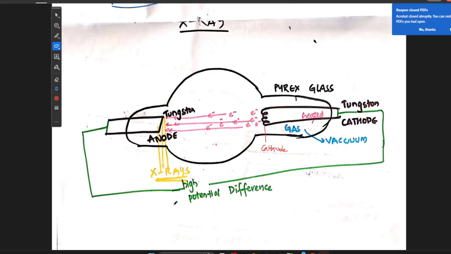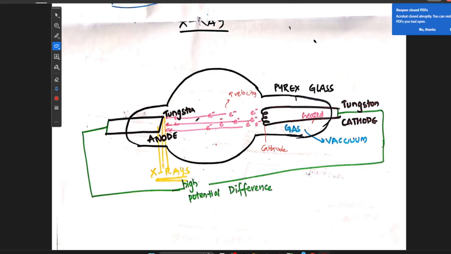When a high potential difference or electricity is applied between the cathode and anode, electrons are produced from the cathode and flow towards the anode. When they flow towards the anode, these electrons are stopped or bombarded by the anode. These electrons are moving with a high velocity.